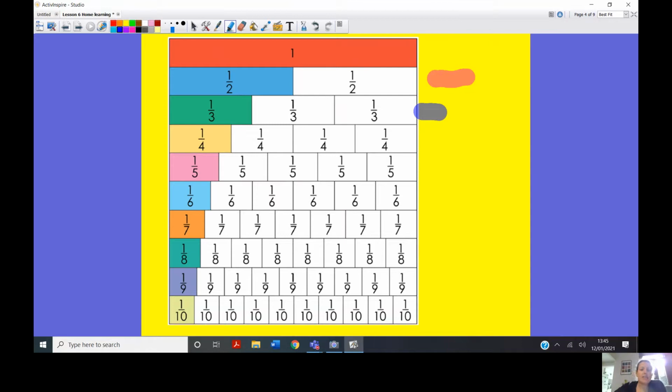And already here, you can quickly see that a third is smaller than a half, because this is split into 3 equal parts, whilst this is split into 2 equal parts. You've got your same whole, but 2 equal parts is always going to be larger than 3 equal parts, because you're sharing the whole between more parts.